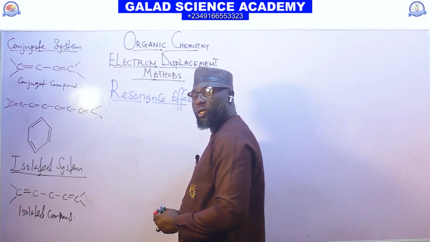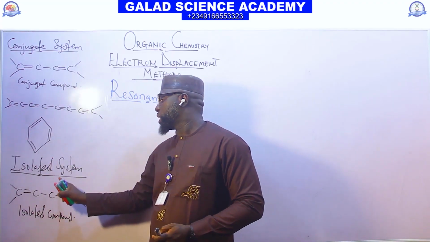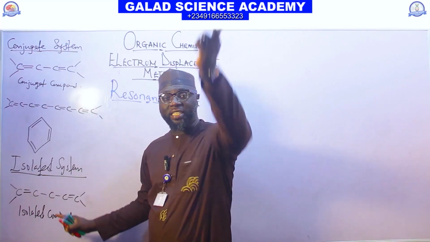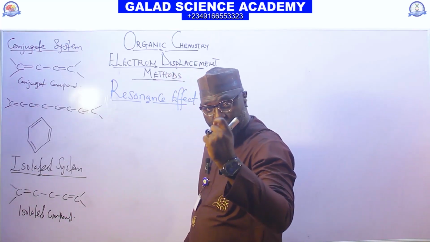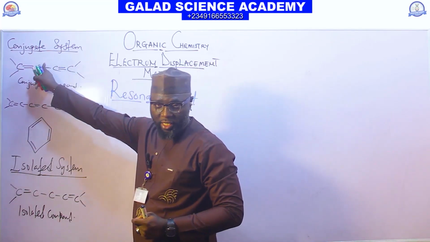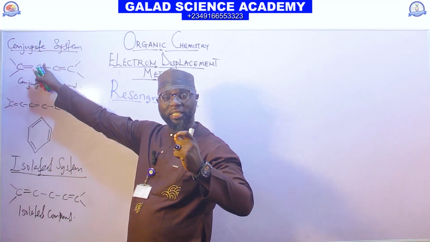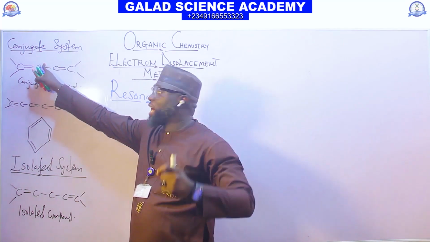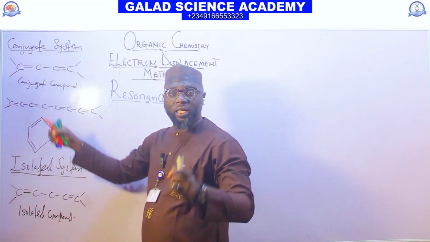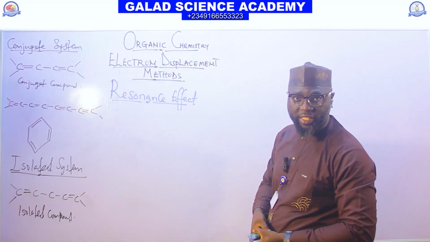What makes me deviate to the conjugate system and isolated system is that one of the unique features of resonance effect is the conjugate system. Any organic compound that has a conjugate system will undergo resonance effect.